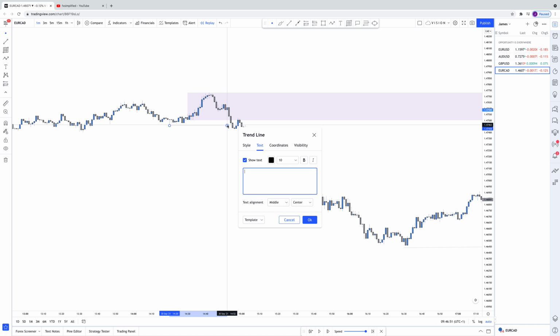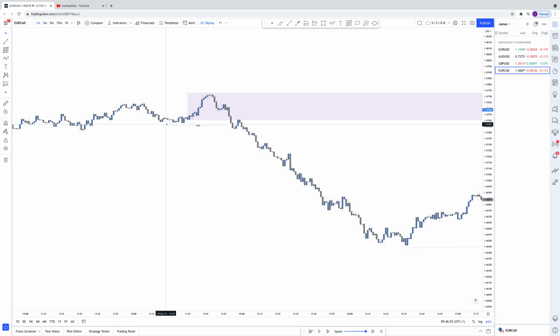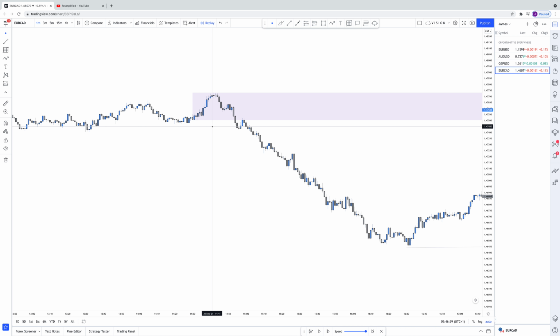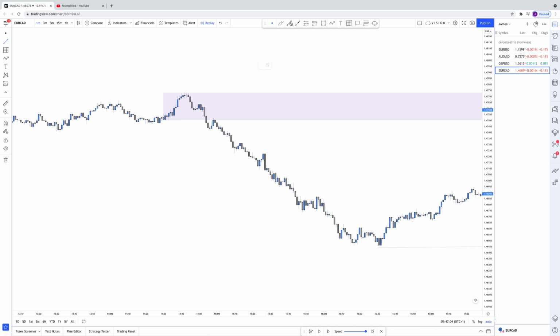Okay, so you can see it broke the low, and we pushed off a little range in price here. So I really want to be marking that on, and you can see we also have a little bit of imbalance as well.